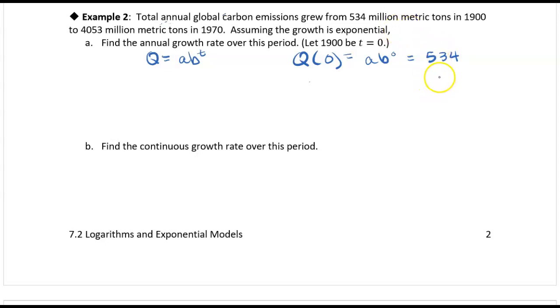So I'm going to express Q in million metric tons. Okay, so that's telling us that A is equal to 534 million metric tons.